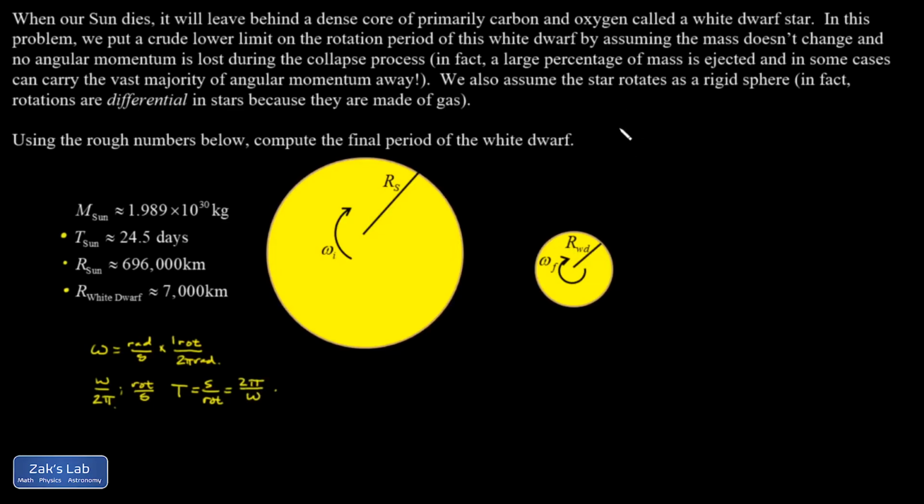Let's get into the conservation of angular momentum part. So L initial is equal to L final. And L initial is the initial moment of inertia times the initial angular velocity. Likewise for the final quantities. And the initial moment of inertia is going to be 2/5 m. And again, we're assuming m is not changing. Not true for real stars, but it's a good first approximation.